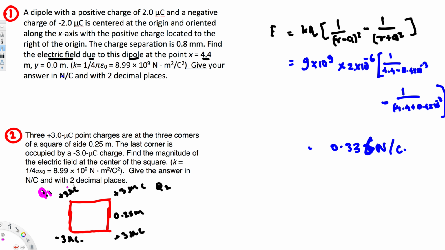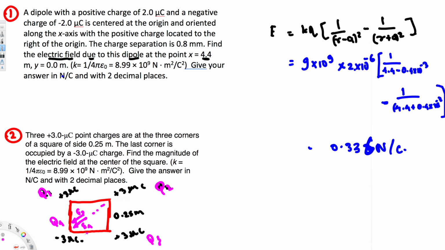And we know that when we have a positive charge, the electric field goes away from it, and when we have a negative charge, the electric field goes toward it. So from that information, we know that E4 is going to be in this direction. Also, E2 is going to go along this one, because that's a positive charge, so it goes away.